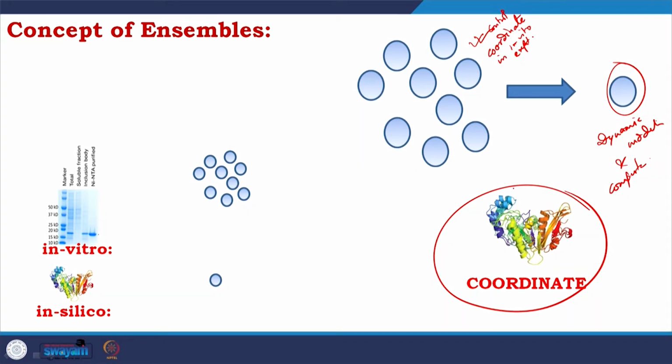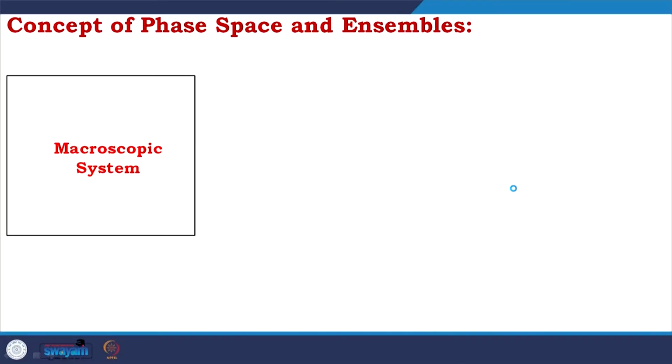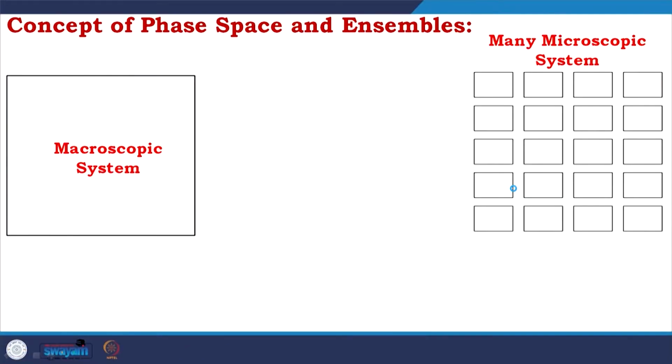So, as I told, now I come to the concept of the correlation between the phase space and ensembles. If you think about a system, let us say about us, one person, entirely we represent a macroscopic system and our cells are representing microscopic systems.